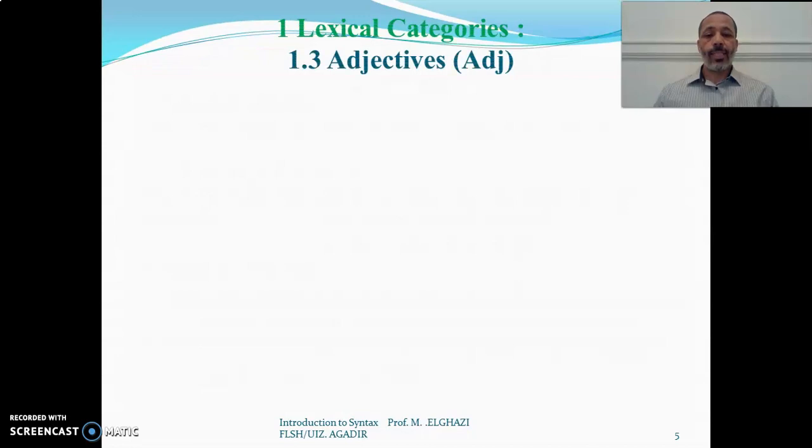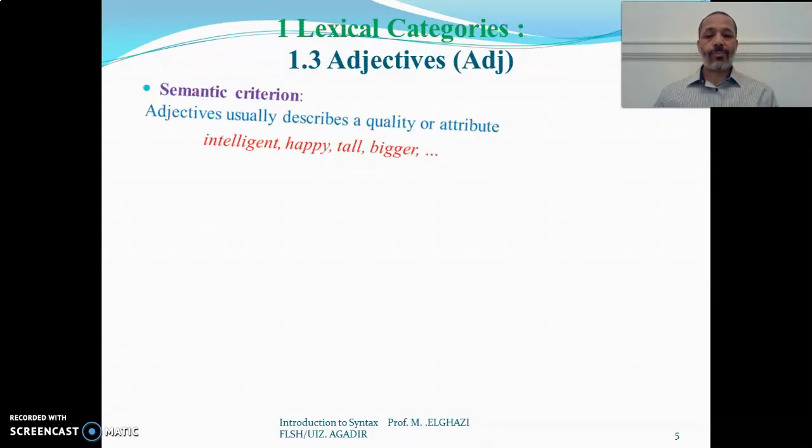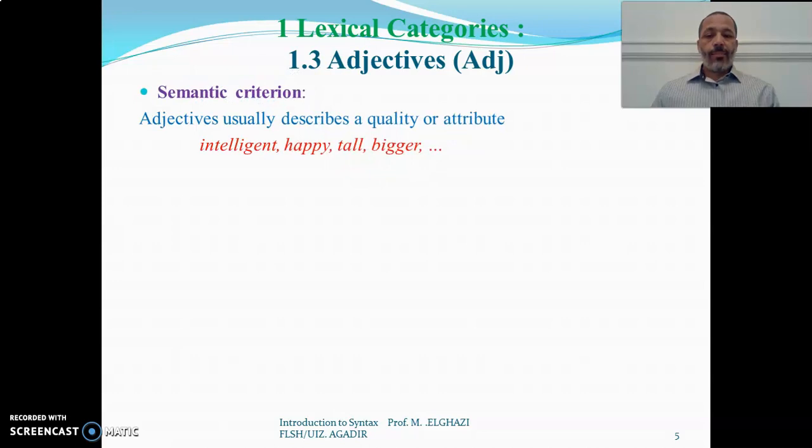The third kind of lexical categories is the adjective. The meaning of the adjectives, normally they describe a quality or attribute, like intelligent, happy, tall, bigger.